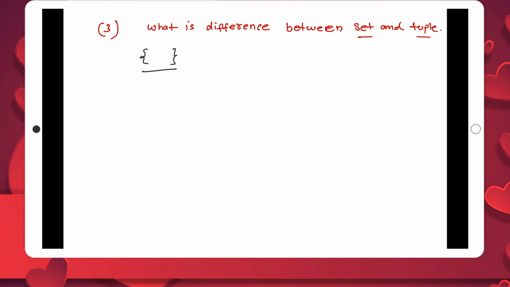Now the question number 3 which I'm going to ask about: what is the difference between set and tuple? Alright, so the very basic difference between set and tuple is, a set is assigned with the curly braces, and this set data holds non-duplicated values.